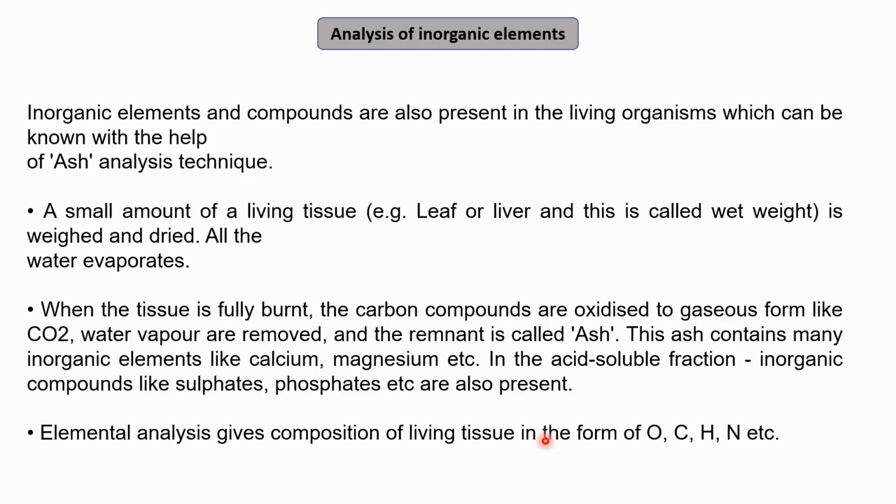Then we perform a simple elemental analysis to check which different elements are present in the living tissue. What we found is that there are many chemical elements, for example calcium and magnesium, while in the acid soluble fraction, inorganic compounds like sulfates and phosphates are present.